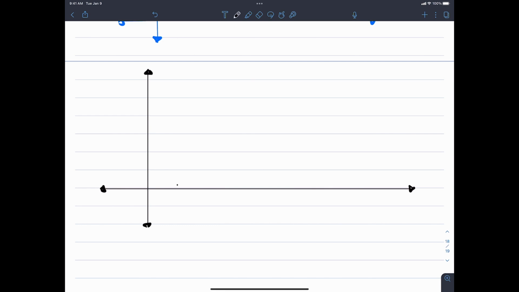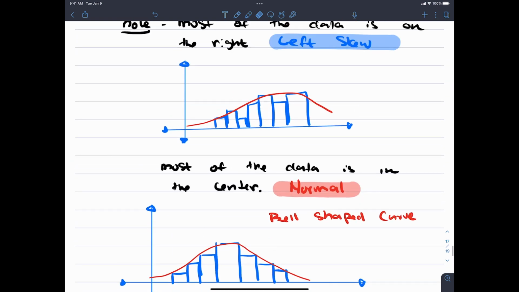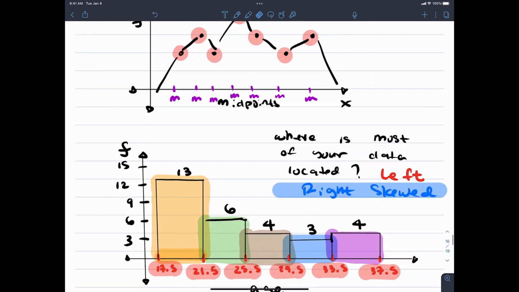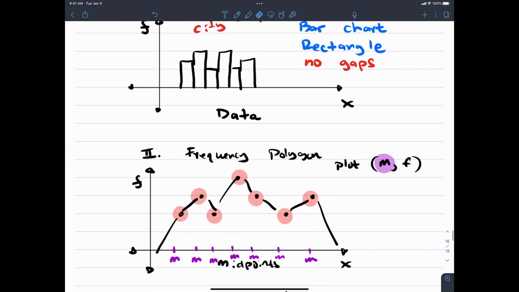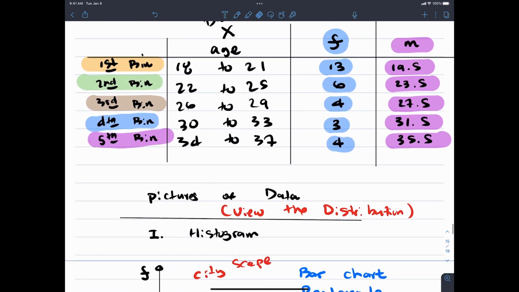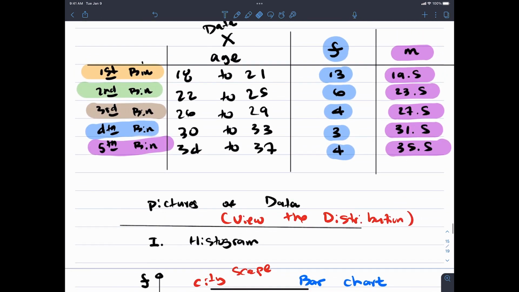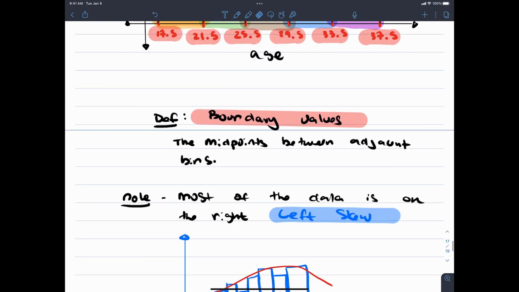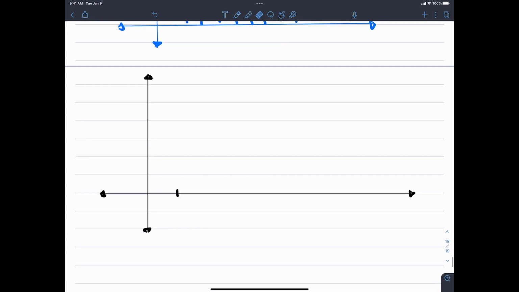So what's the first midpoint? I don't remember. Was that 19.5? I do remember that. Oh, yeah, it's 19.5. What's the frequency? 13. So ladies and gentlemen, I'm going to have to do that little stuff again here.